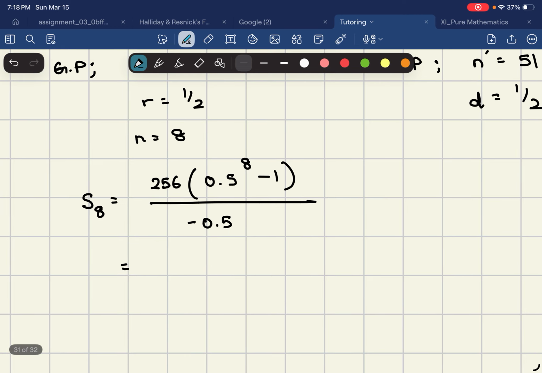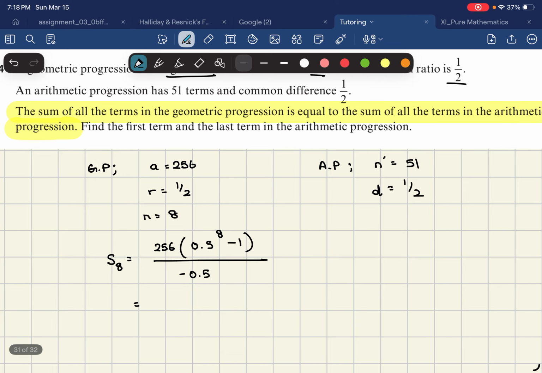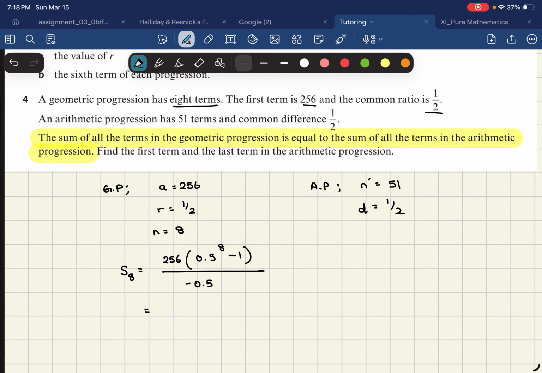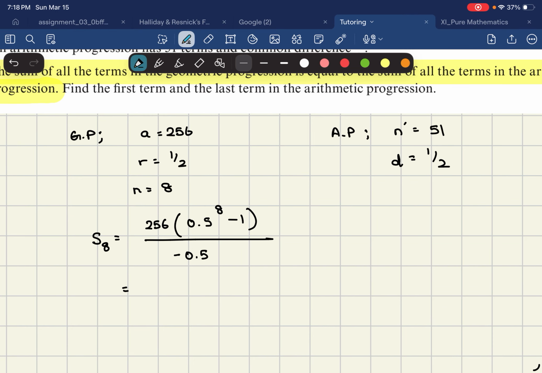And if you simplify this further, you can actually solve this question, right? You can find the sum of 8 terms, basically. 256 times 0.5 to the power 8 minus 1, divided by negative 0.5. And this is 510.